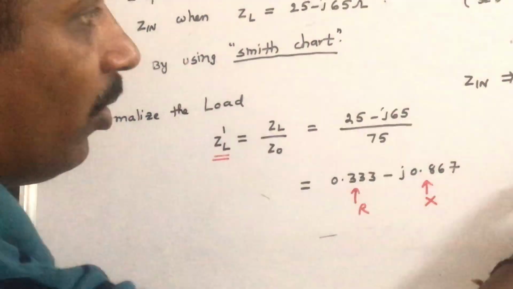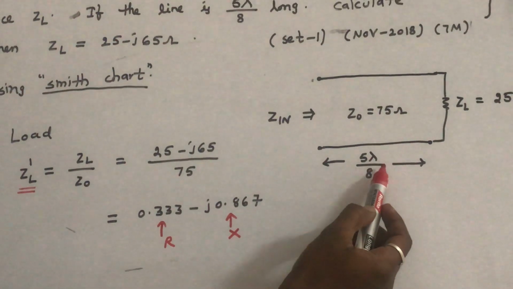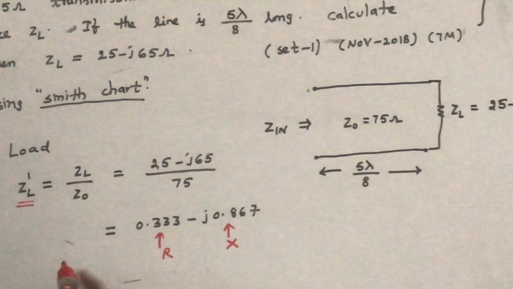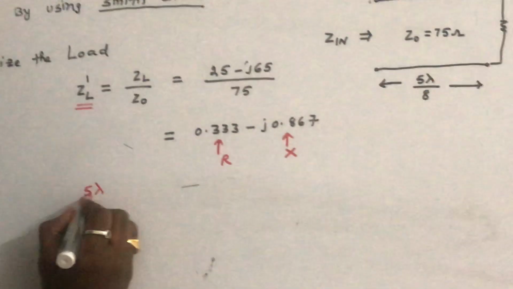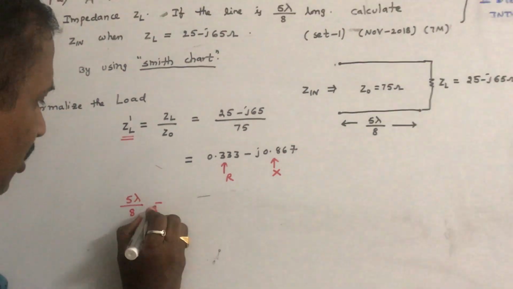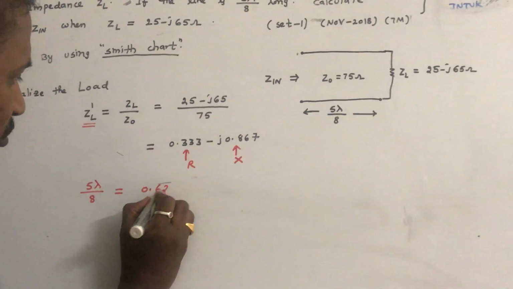From the load on the Smith chart, we have to move 5 lambda by 8. What is 5 lambda by 8 on the Smith chart? It is equal to 0.625 lambda.